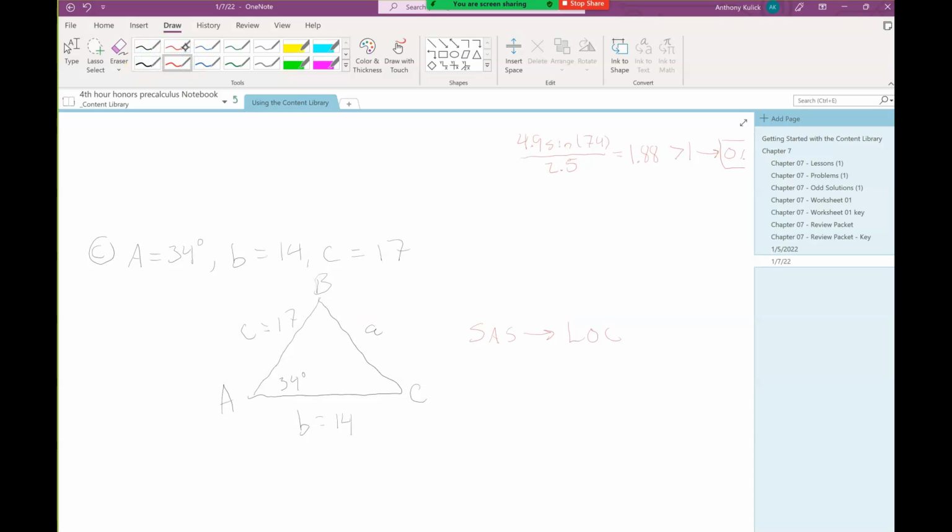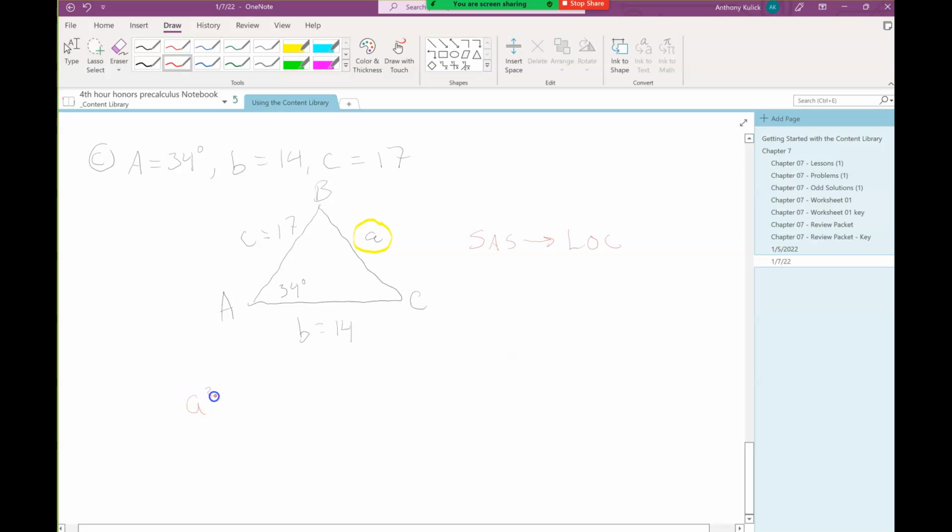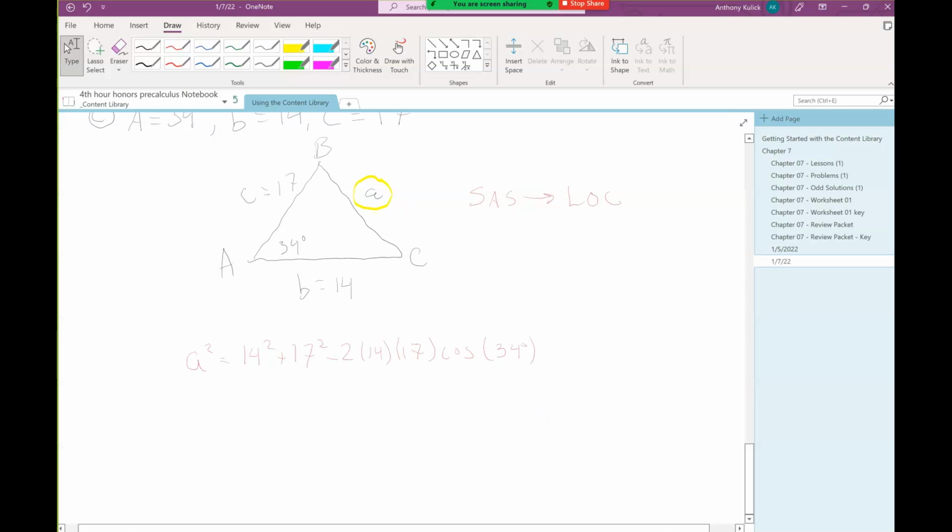So the piece that I'm going to be solving first with the law of cosines is the missing side. So I'm going to say A squared is equal to B squared plus C squared minus 2BC times cosine A. Everybody feel good there?